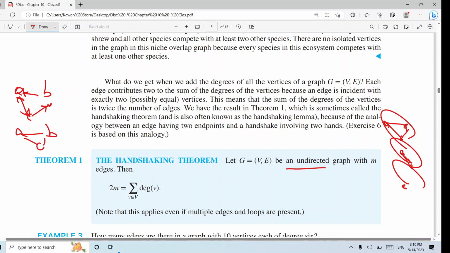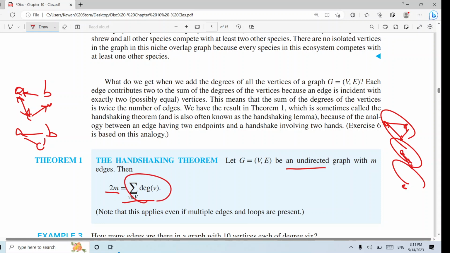Now, this theorem is talking about handshaking. When you are shaking hands, how many hands do we have? For example, we have one hand, but we multiply by 2, because 2 hands make the shake. That's why 2m is equal to the sum of the degrees of the vertices. What's the degree?